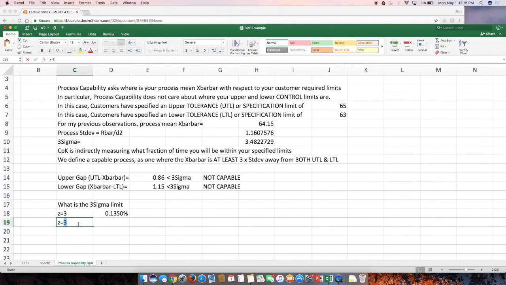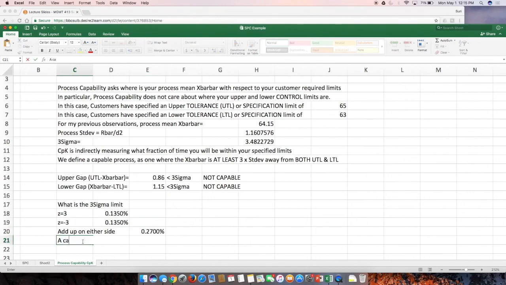And for z equals minus 3, again it's 0.13. You add up either side, 0.13 plus 0.13 is 0.27%.